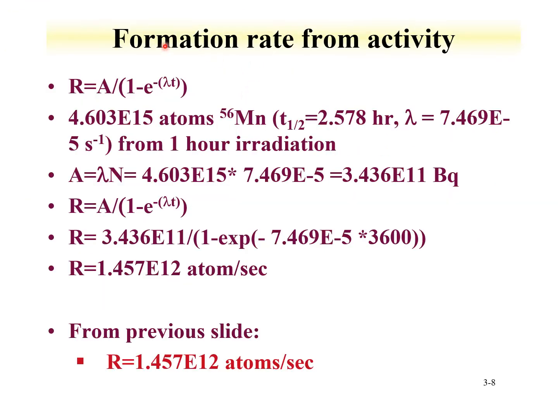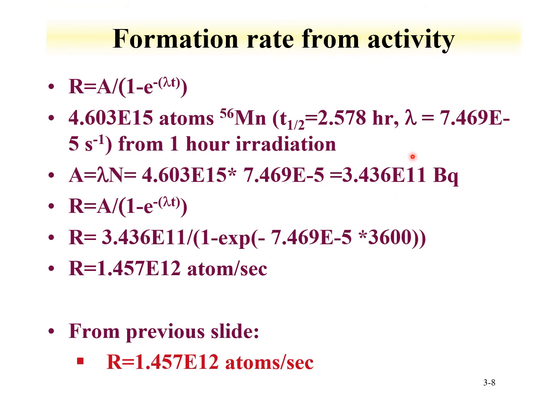We introduced this equation a few slides ago, where we can determine the formation rate based upon measured activity and this saturation factor. So let's look at the example from the manganese-56 that we provided in the previous slide. We've gone through how we determine this value. Our activity, if I know the number of atoms of manganese-56 and the decay constant, right? So activity equals lambda N. I have that value.